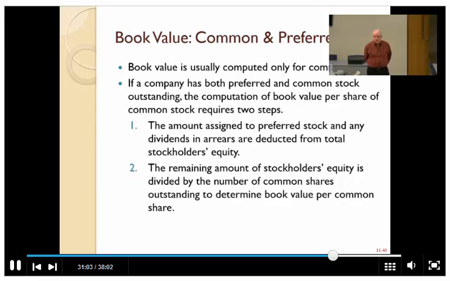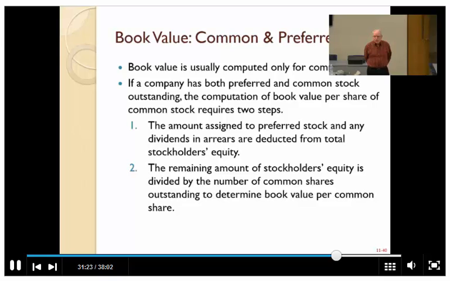The amount assigned to preferred stock and any dividends in arrears is deducted from stockholders' equity. That's step one. Then the remainder of stockholders' equity is divided by the number of shares outstanding to get book value per share.